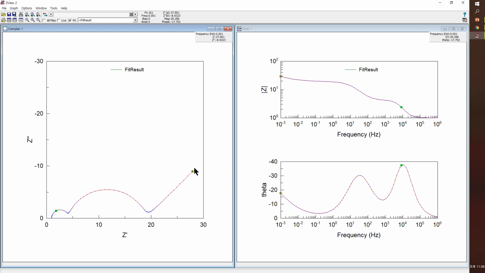By using this green square, you could select some range of your impedance data, and also you could read the values of the point on which the green square is. So again spacebar, and then I moved the green square on the left side and right side. Okay, right now we have data.